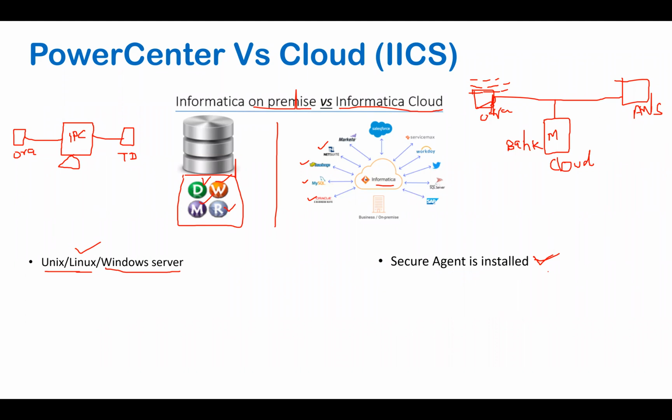That's it. With PowerCenter you need to install the Informatica on-premises server, and the client also you have to install it. Server is one place, and client you have to install.